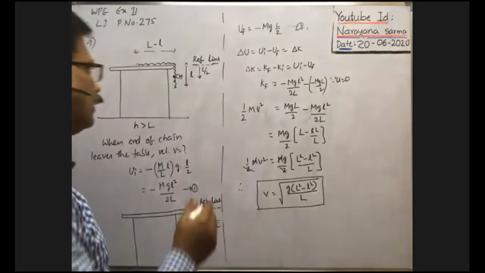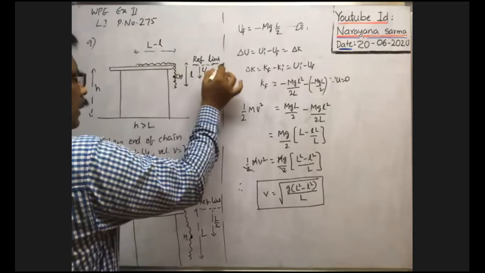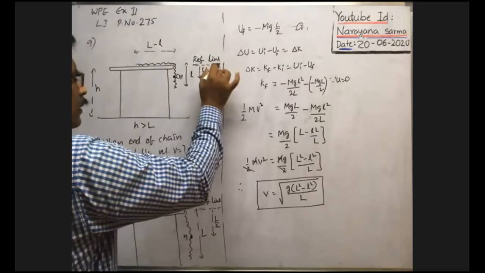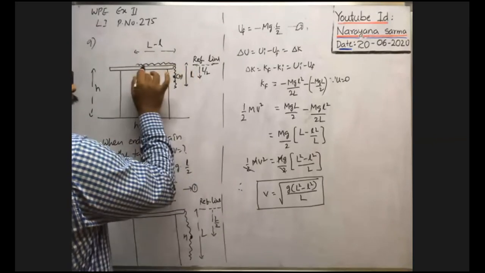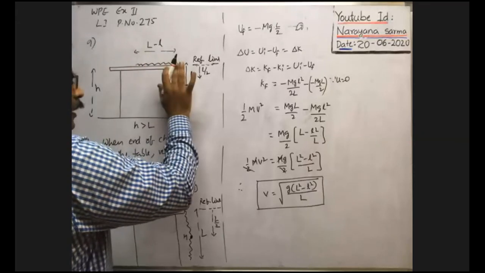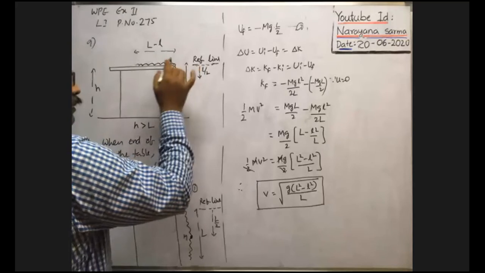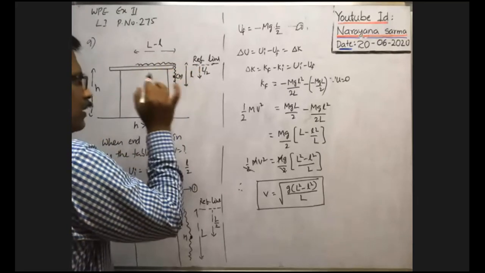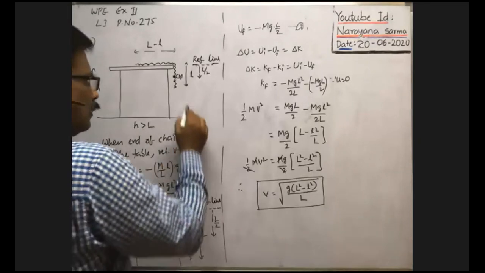That's why here, first of all, whenever the chain is like this, you take this as the reference line. Whenever the chain is like this, here this part of the chain on the table is at the reference level only, so this part is having no initial potential energy. But from the reference line here, because of this hanging chain, this is having some potential energy, that is the initial potential energy.